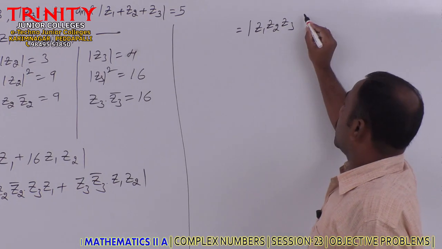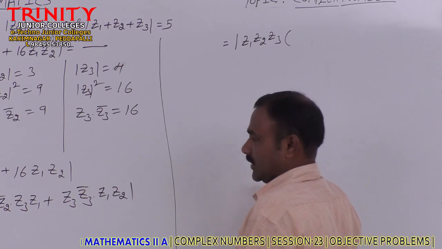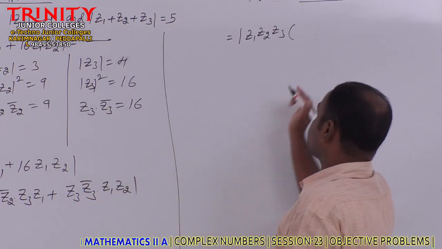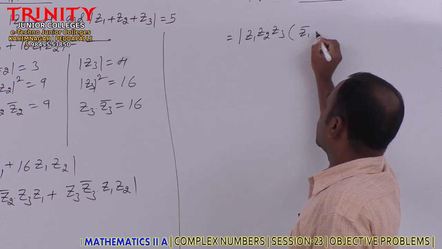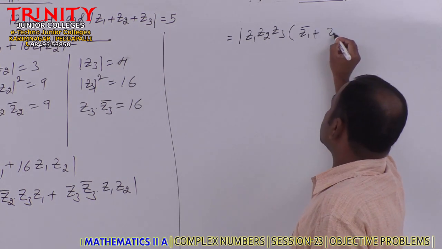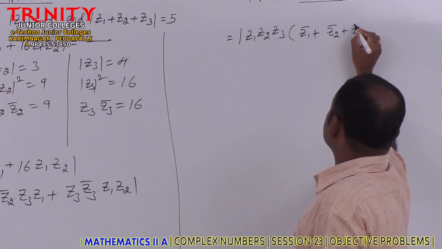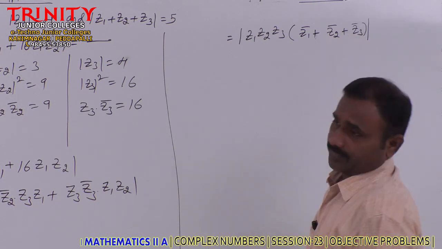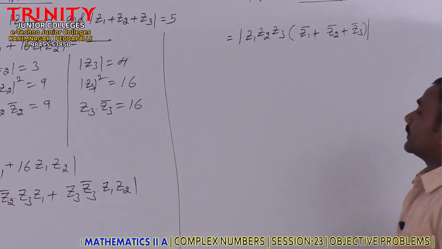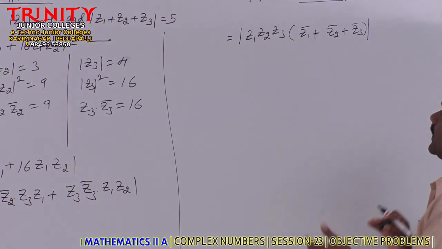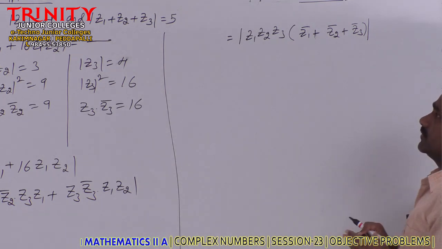If you take that as common, in the first the remaining value is z1 bar, in the second z2 bar, in the third z3 bar.